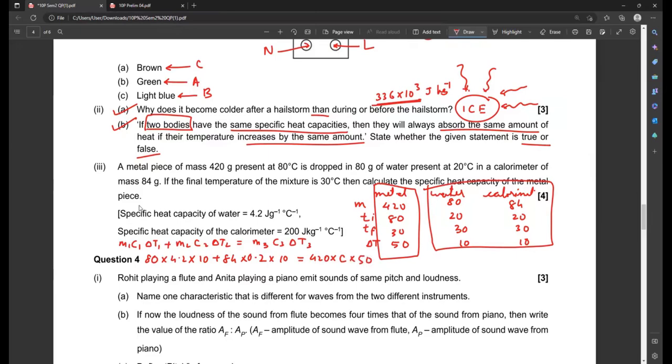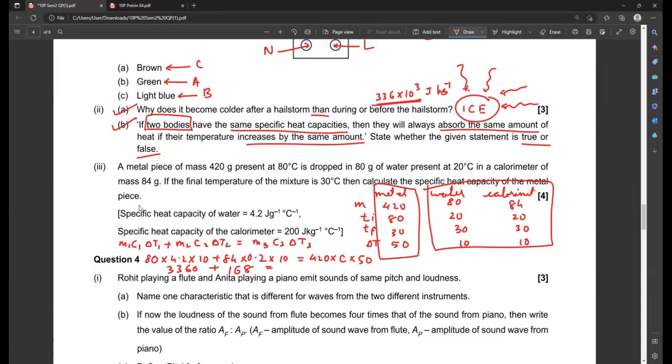I'm just using a calculator to get an answer. 80 into 4.2 into 10 gives me 3360, and 84 into 0.2 into 10 gives me 168.